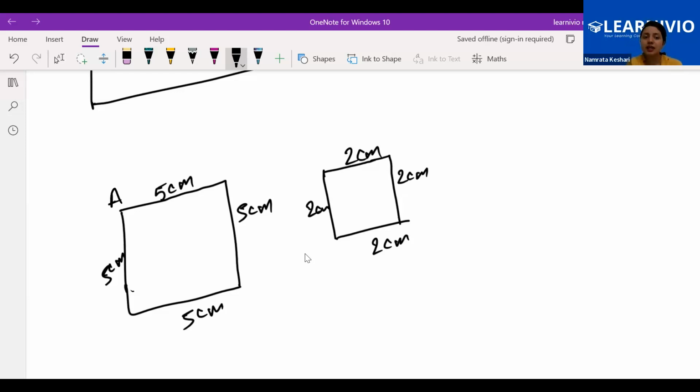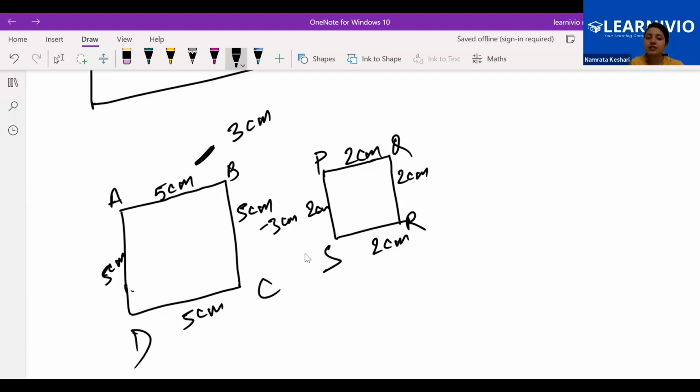Here is A, B, C, D, and here we are calling P, Q, R, S. Can you see sides AB and PQ? If we compare, there is a reduction of 3 centimeter. In the other side also, BC and QR, there is a reduction of the same 3 centimeter.